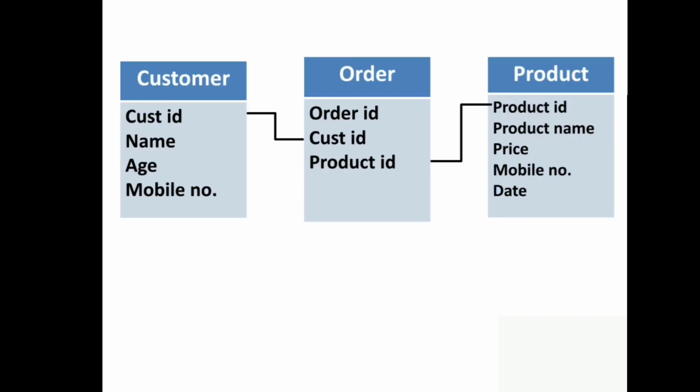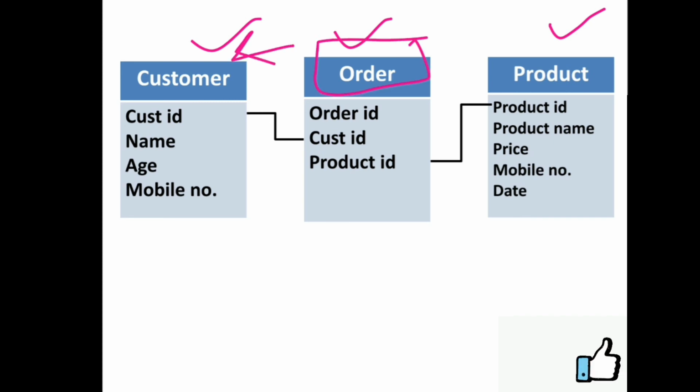Now here the concept of the linking can be understood by taking into consideration all the attributes of the entities: customer, order and product. See, as I told you here, that order entity is linking the customer and the product entity table.